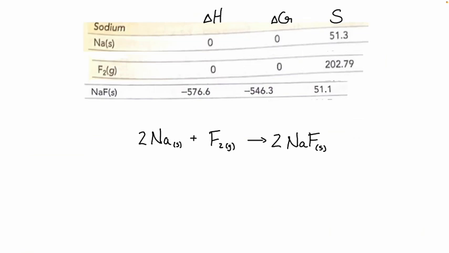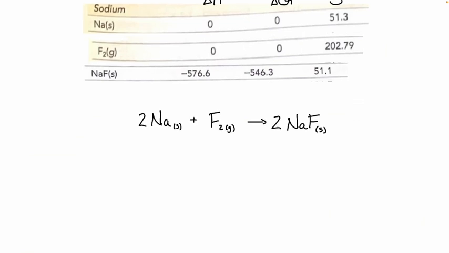Okay, so in order to get our delta G for our reaction, when we build our equilibrium constants, it's products over reactants, right? That's what we chant to ourselves when we build our equilibrium constants. When we do our thermodynamic variables here, it's going to be products minus reactants, all right?